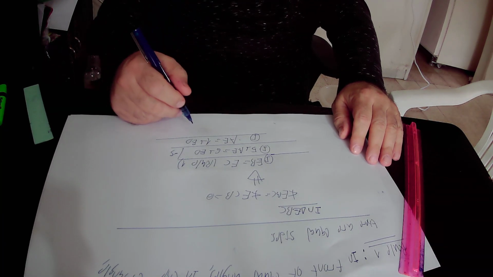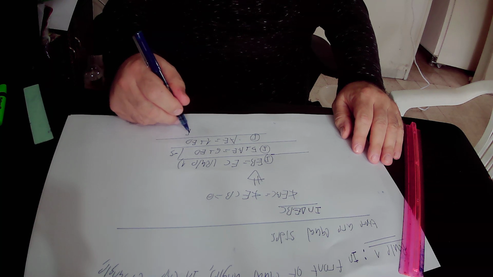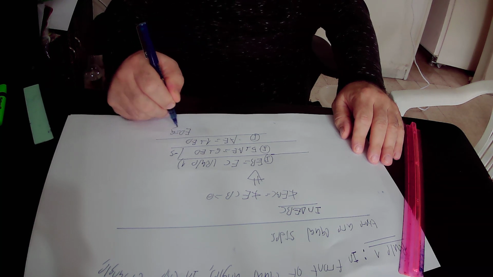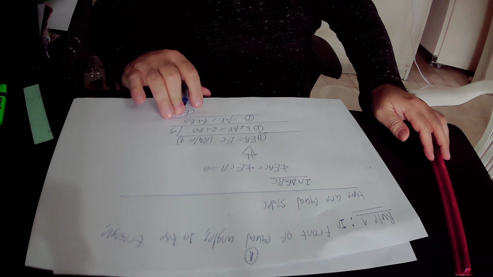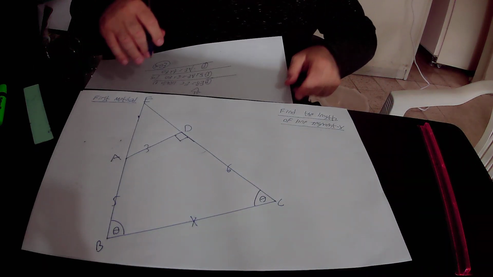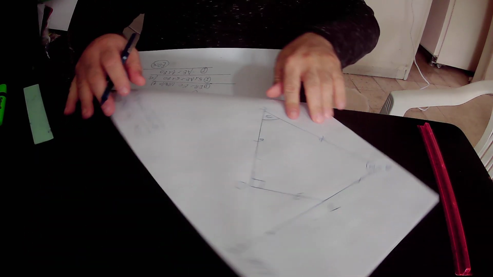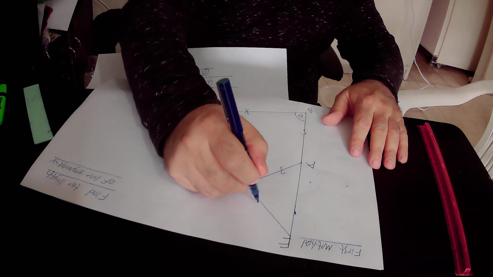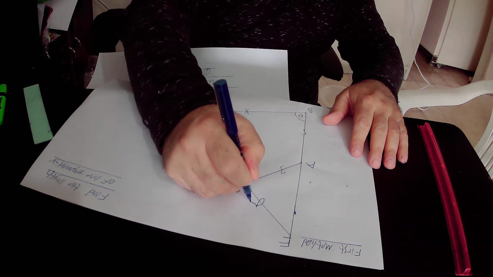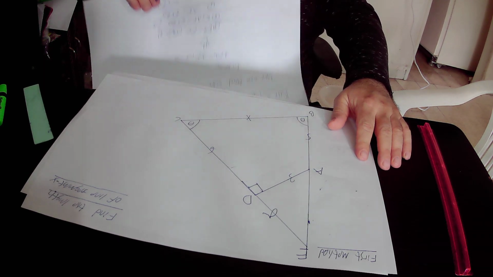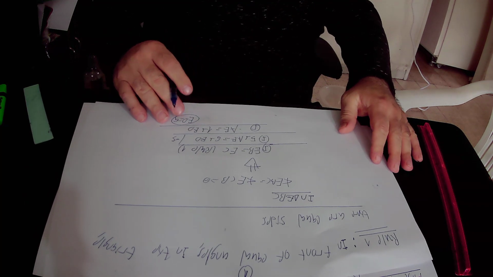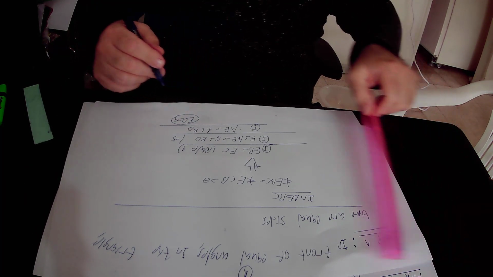In the next step, we will define ED as A. So here, ED equals A according to our definition. So we substitute ED by A in equation number 1.